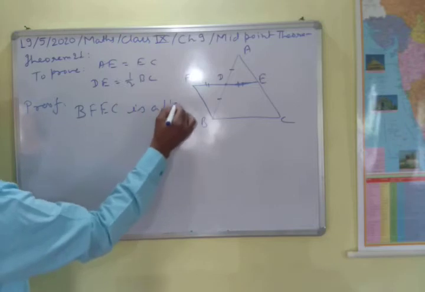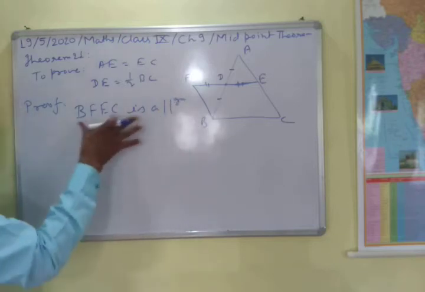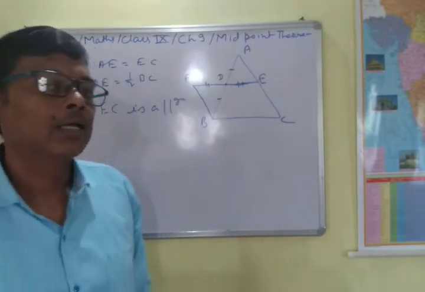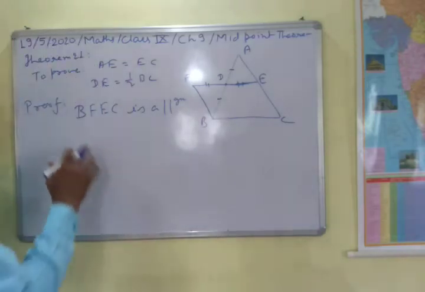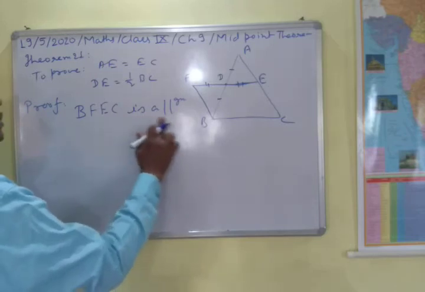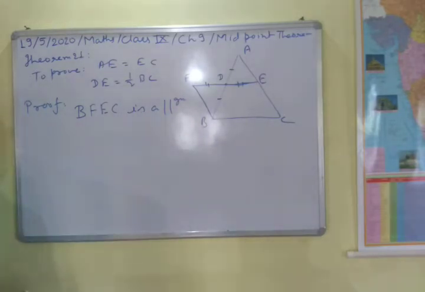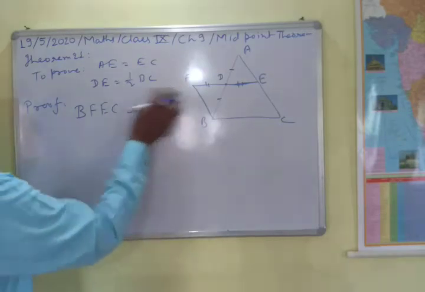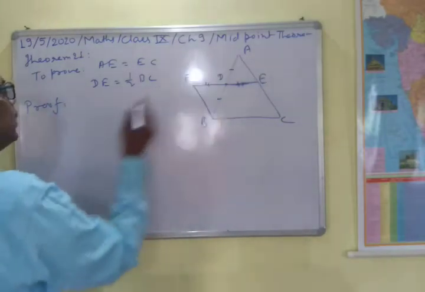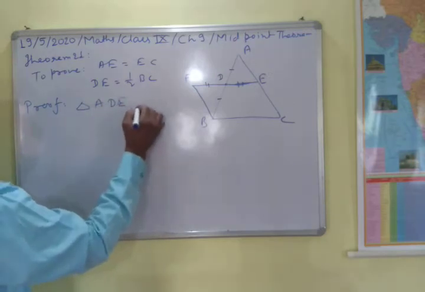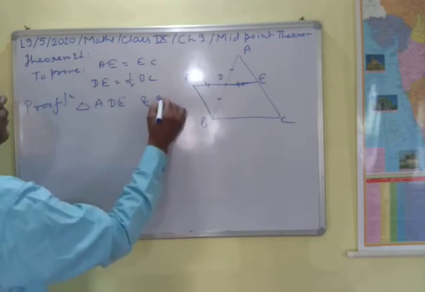Up to this point the proof is the same as in Theorem 20, so BFEC is a parallelogram here. Or again I can show you how to prove this. See triangles ADE and BFD.